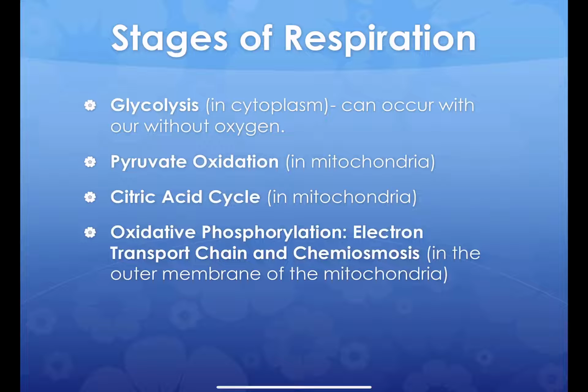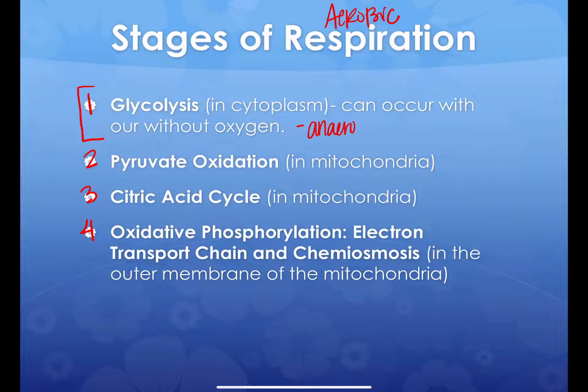So let's talk today about the stages of respiration. For the most part here, we are talking about aerobic cellular respiration. There are 4 stages in aerobic cellular respiration, although this first stage, glycolysis, is also the first step in anaerobic respiration.